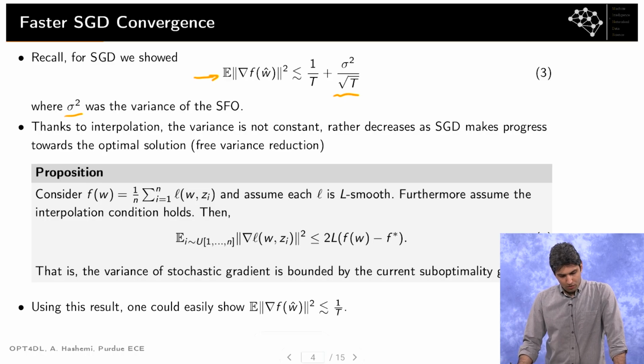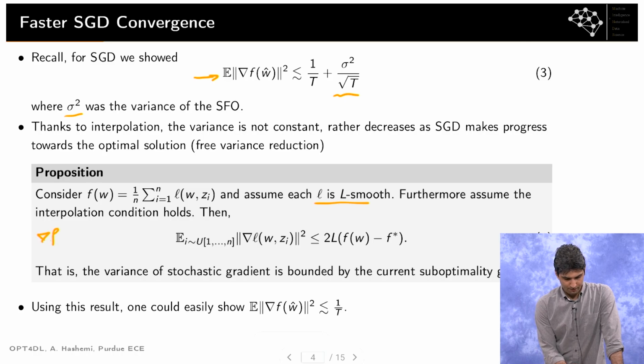Okay, more formally, let's consider a simple setting where we can demonstrate the benefit of overparameterization. In particular, let's consider the scenario where we are minimizing the average loss. Okay, and we assume that each of the individual loss samples, this small l, is L smooth. Furthermore, we assume that the interpolation condition holds, meaning that the gradient of f at W star is equal to the gradient of l at W star for each sample, equal to, let's say, 0.